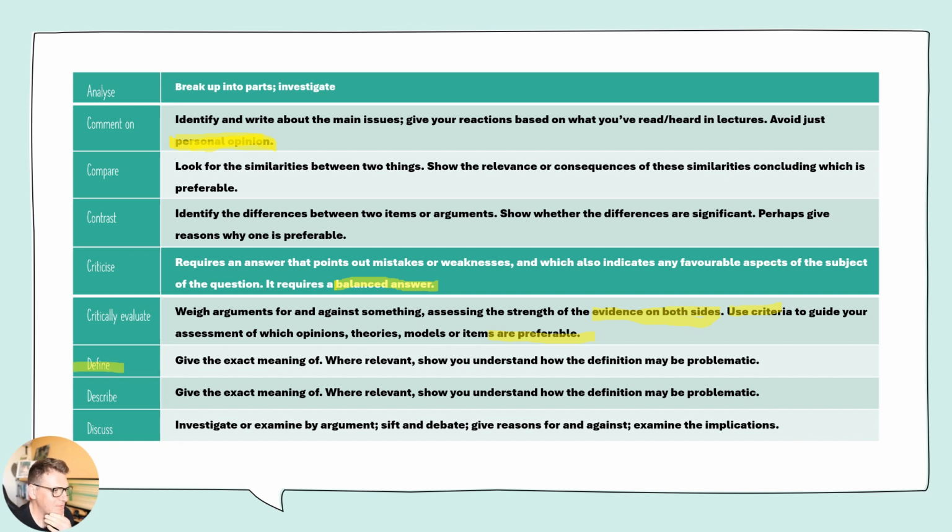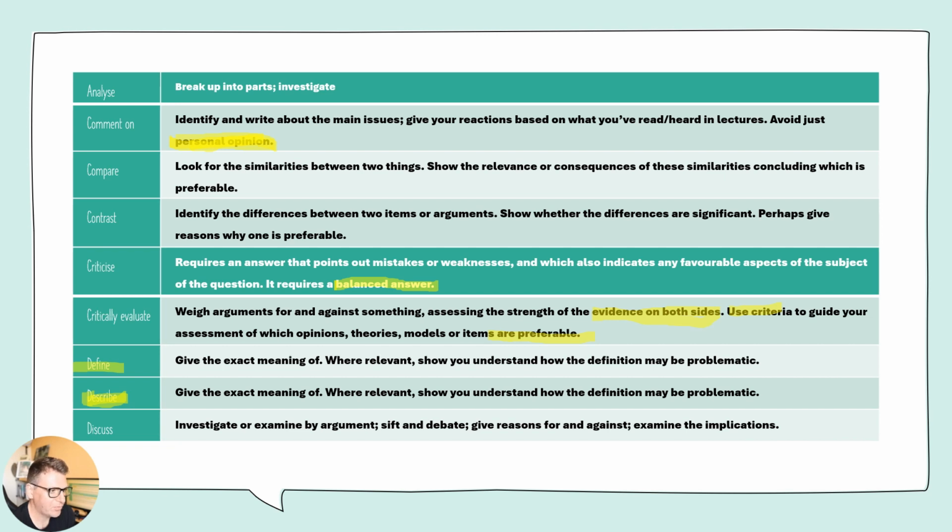Whenever you see something that says define, you're basically giving the exact meaning of, and where relevant, show your understanding of how the definition may be problematic. Anything to do with describe, give the exact meaning of, where relevant, show how you understand the definition may be problematic. So describe in many ways is different from descriptive writing.